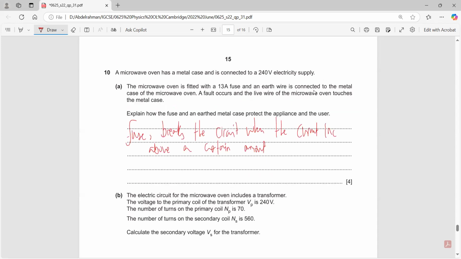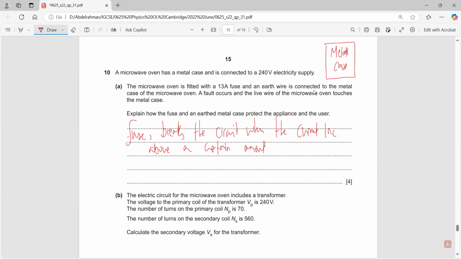Basically, if you have a metal case, such as the microwave oven, or a refrigerator, or a dishwashing machine, or whatever huge appliance that has electricity and has a metal case on the outside. These metal cases are good conductors of electricity. They have free moving electrons.